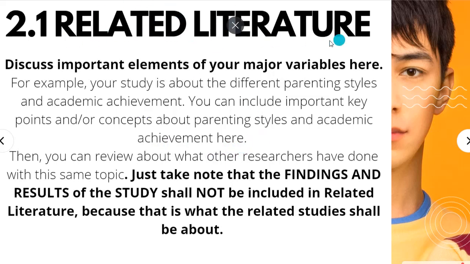Then you can review what the other researchers have done with the same topic. Again, just take note that the findings and results of the study shall not be included in related literature, because that is what related studies are, the review of findings or results.